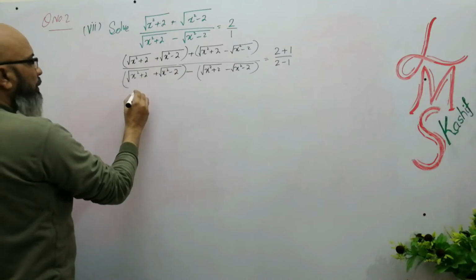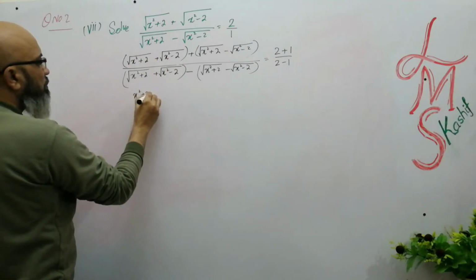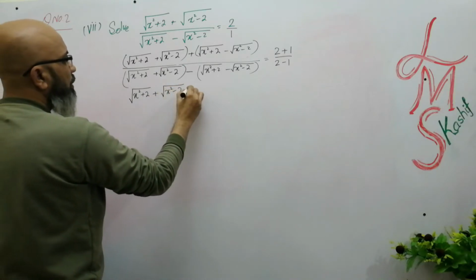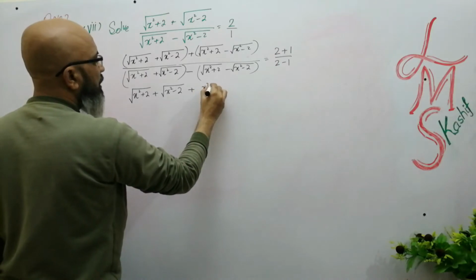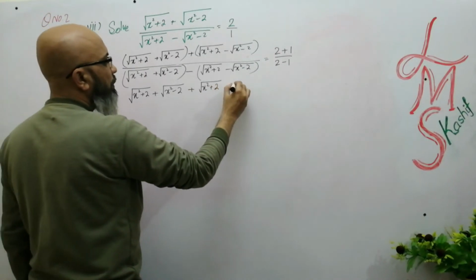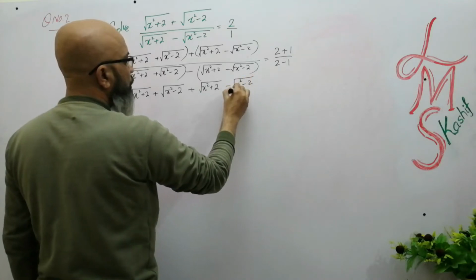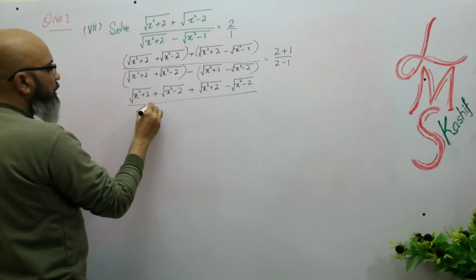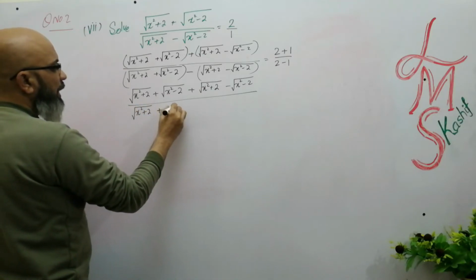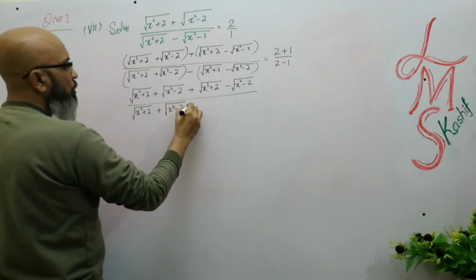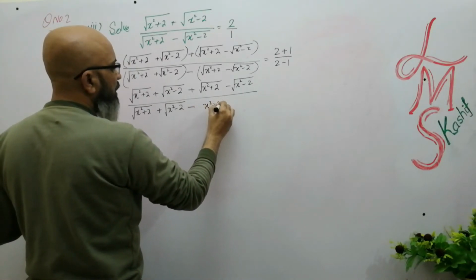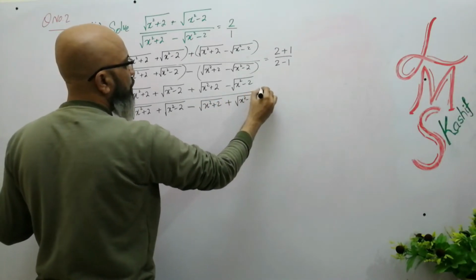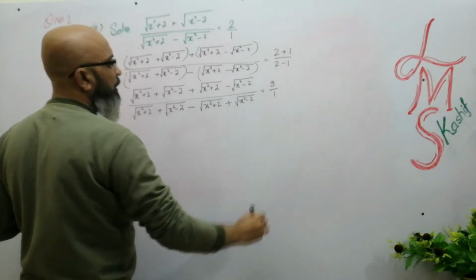So open the brackets: square root of x square plus 2 plus square root of x square minus 2 plus square root of x square plus 2 minus square root of x square minus 2. In the denominator, square root of x square plus 2 plus square root of x square minus 2, minus will change the sign, this will come positive, 2 plus 1, 3, 2 minus 1, 1.